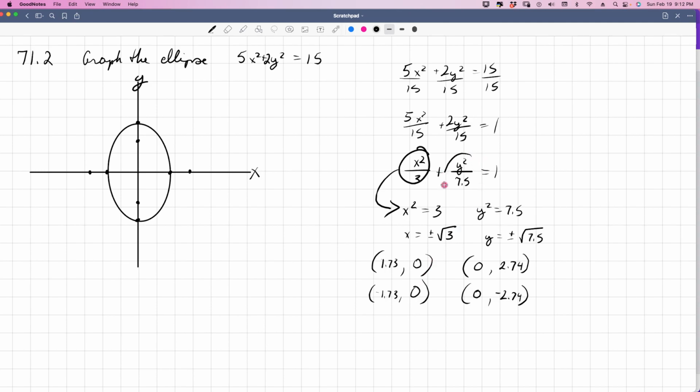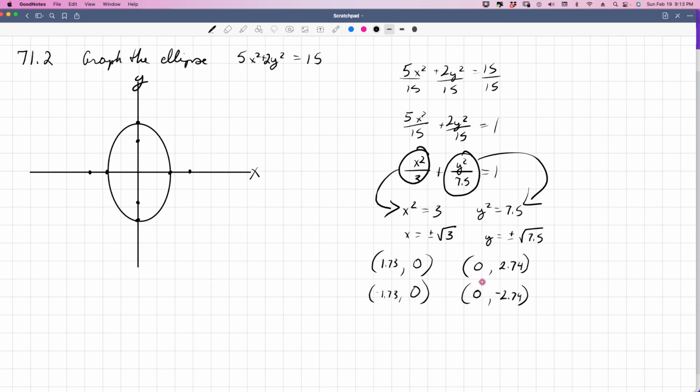And whatever this one is, if this is y, you want to set x equal to 0 and do the same thing with it. Set it equal to the denominator, find the plus or minus, and then that is going to give you your points for the y-axis where you need to put those points.